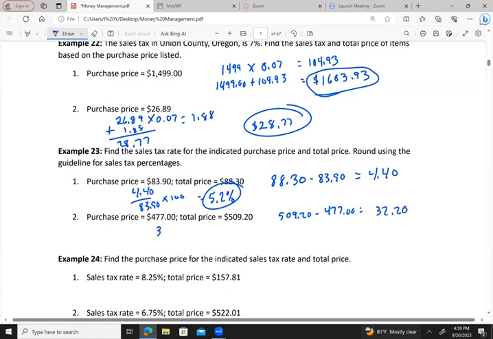Sales tax, $32.20 divided by the purchase price, 477, times 100. And that gives us 6, and I'm going to go 2 decimal places, 6.75%.